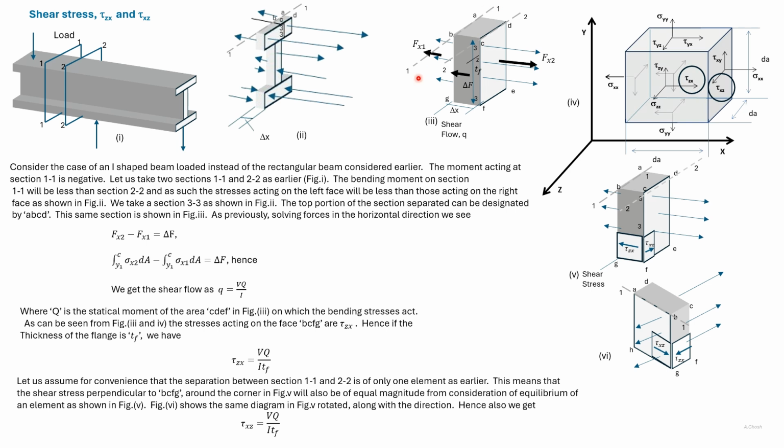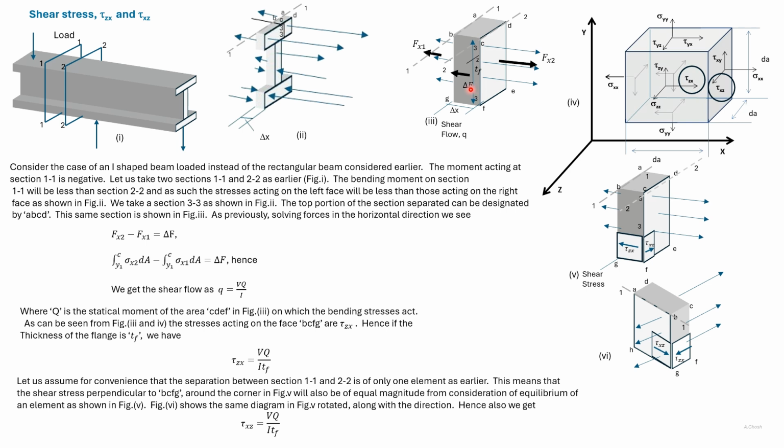This is section 1-1, this is section 2-2. The top here is ABCD, and this is section 3-3. Let the force acting on this side be Fx2 and the force acting on this side be Fx1. Then Fx2 is larger than Fx1.